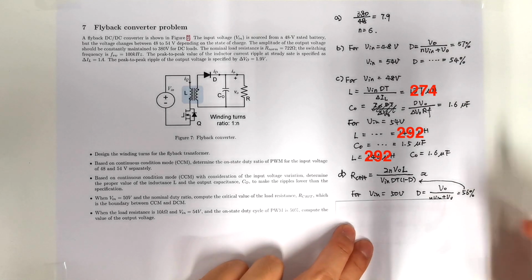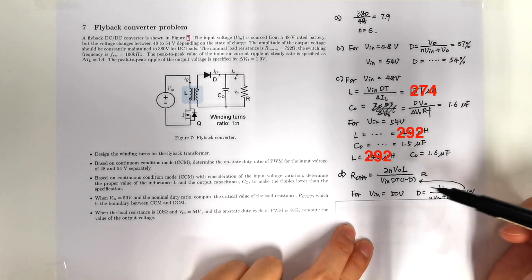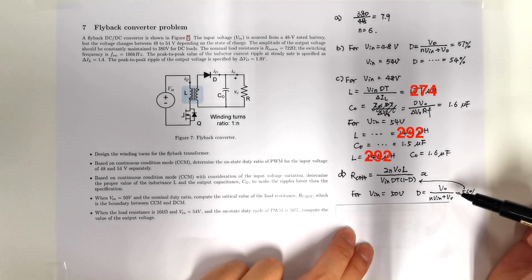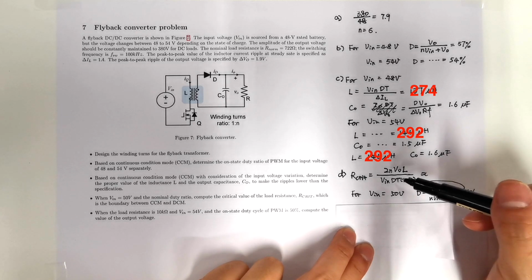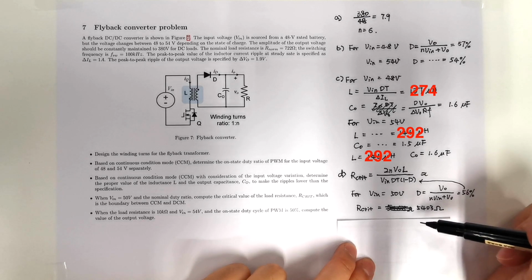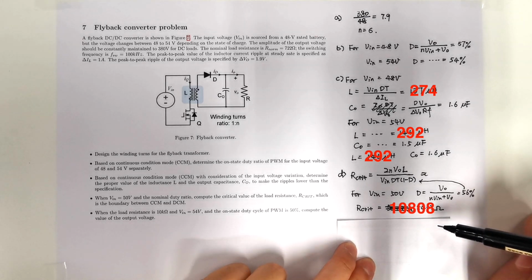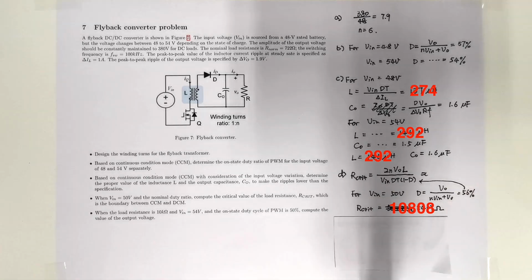So now we calculate the duty by using D equals V out divided by N V in plus V out, which is 56%. We put this value back in here, and we got our critical resistance is 5,403 ohm.